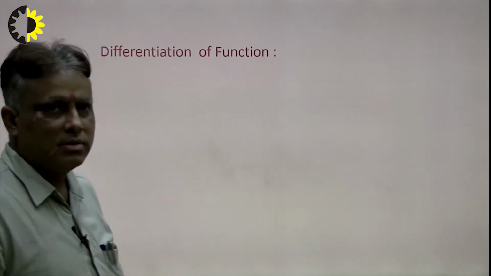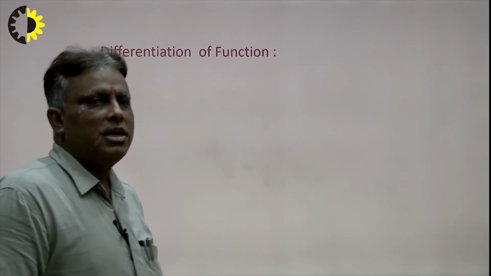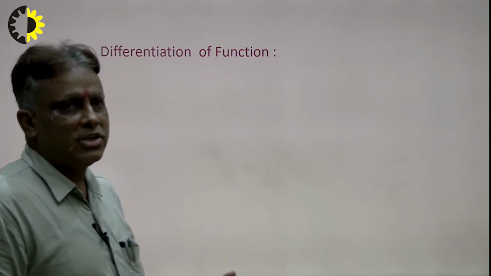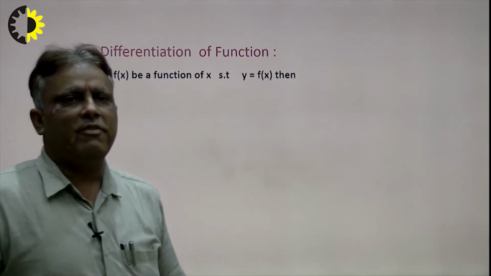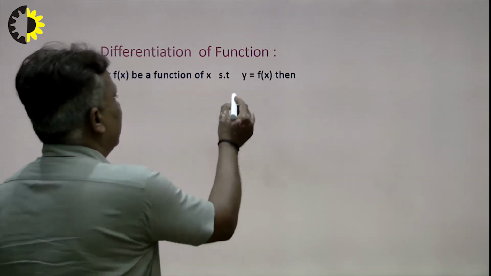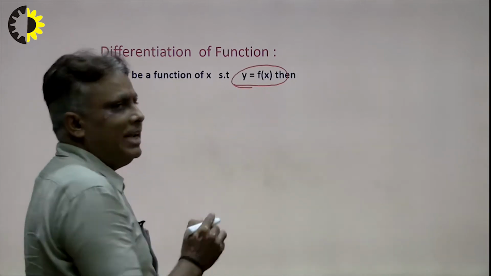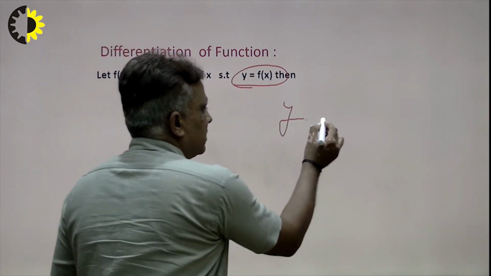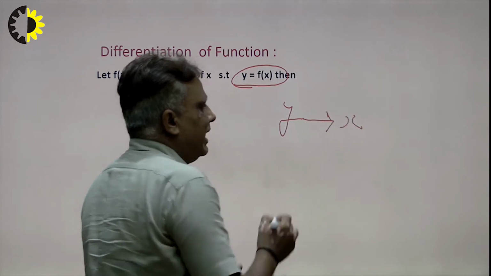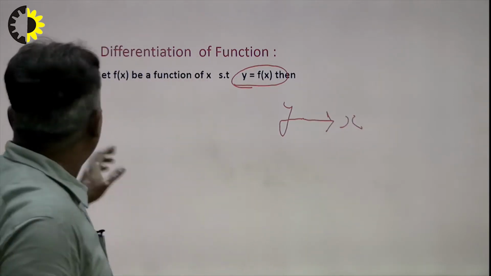First of all I explain what is differentiation, because differentiation is part of differential calculus. As I explained in the previous lecture, suppose y = f(x) is a function, that means y depends on x. So we can say that y is the dependent variable and x is the independent variable here.